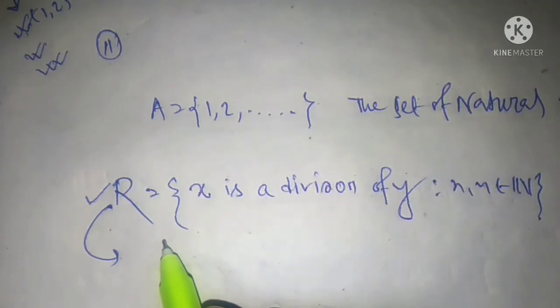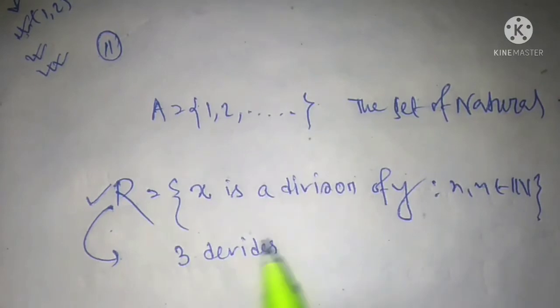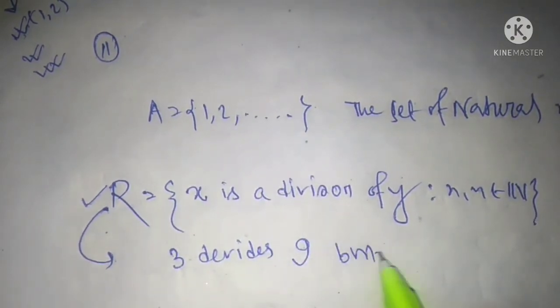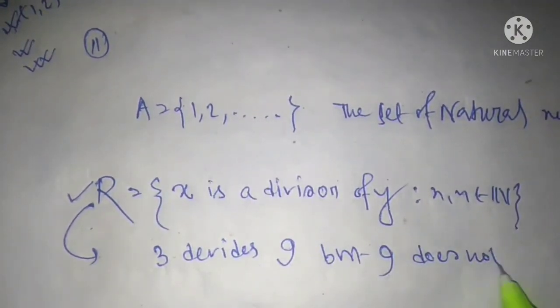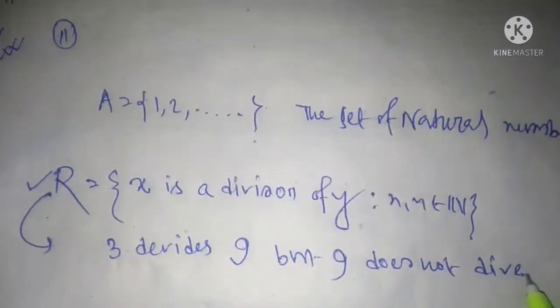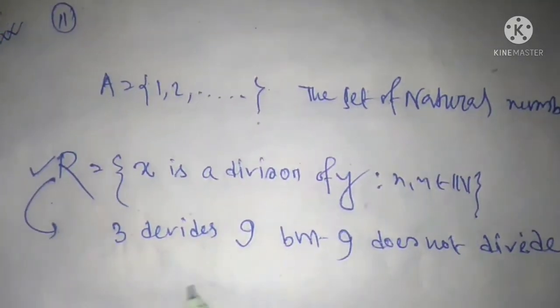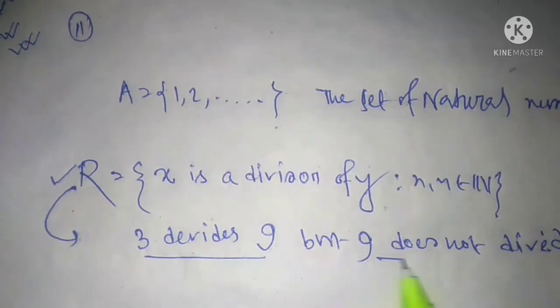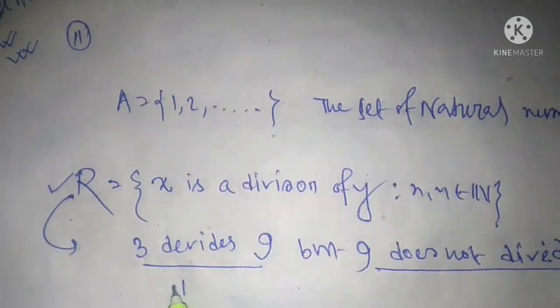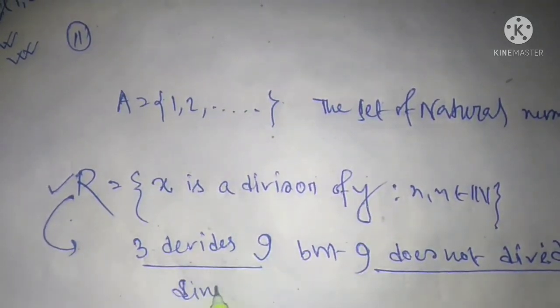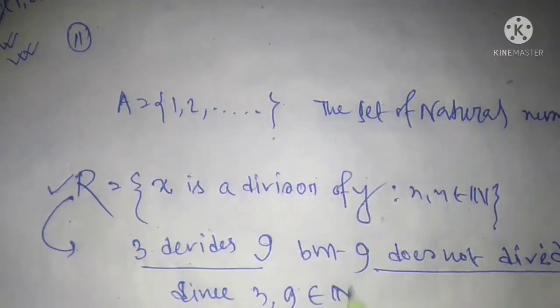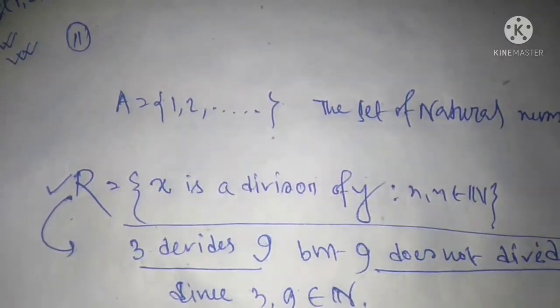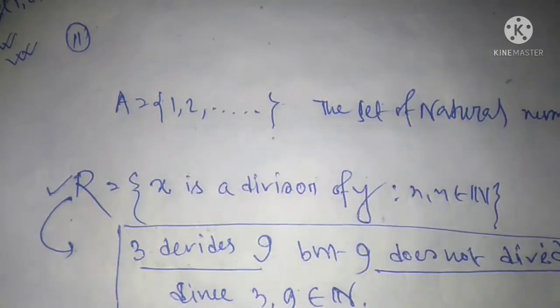Why is this not symmetric? Because 3 divides 9 but 9 does not divide 3. Since 3 and 9 belong to the natural numbers, this violates the symmetric condition.